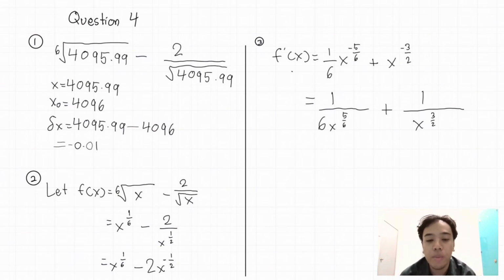So we must differentiate the equation, and we get 1 over 6 x to the power of 1 over 6 minus 1, so it becomes negative 5 over 6, and negative 2x must multiply by negative 1 over 2, and we get plus x to the power of negative 3 over 2. So we change back to the simplest form, and we get 1 over 6x to the power of 5 over 6 plus 1 over x to the power of 3 over 2.